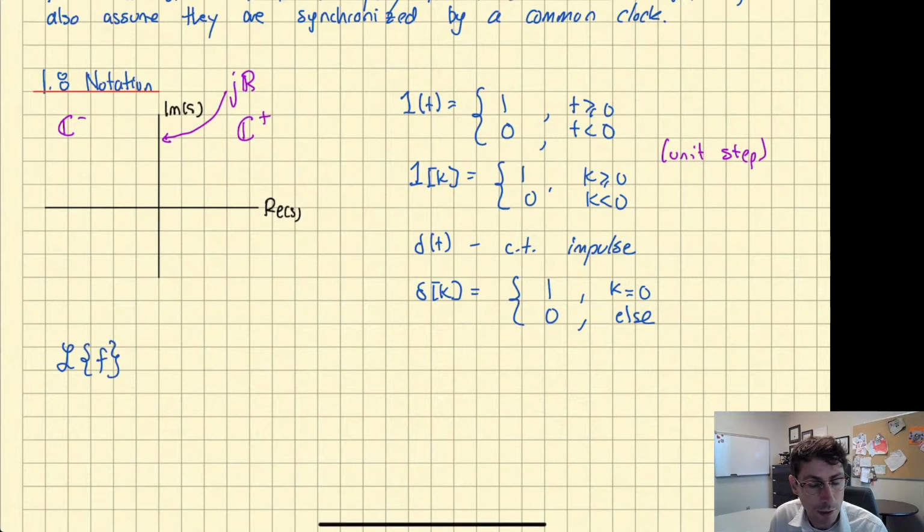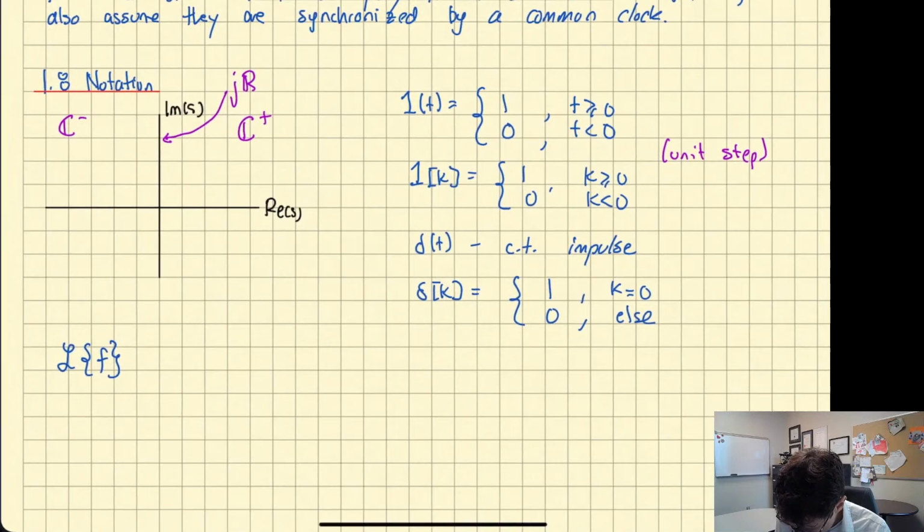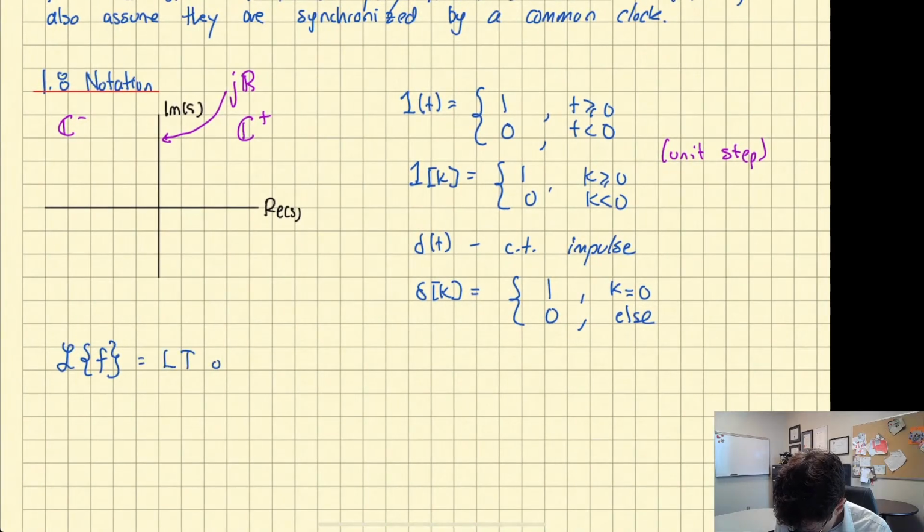Script L is what I'll use for the Laplace transform. And script Z is going to be the Z transform of f of k.